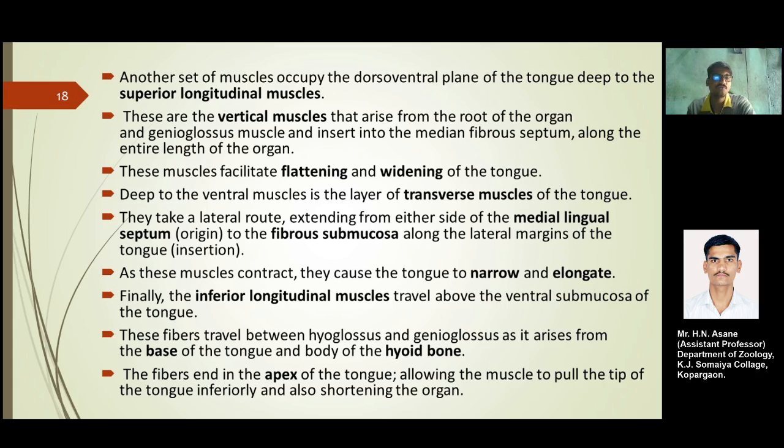Deep to the ventral muscle is a layer of the transverse muscles of the tongue. They take a lateral route, extending from either side of the medial lingual septum, that is the origin of our organ, to the fibrous mucosa layer along the lateral margins of the organ, where they provide an insertion.